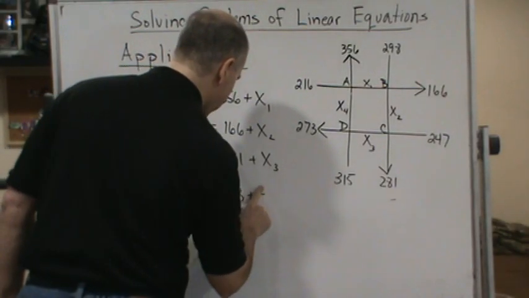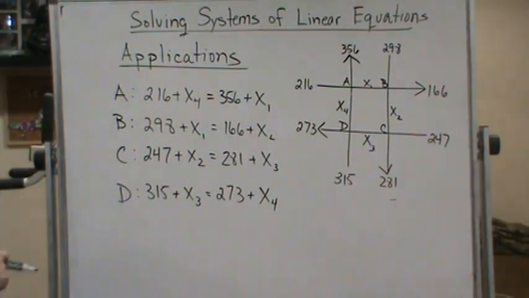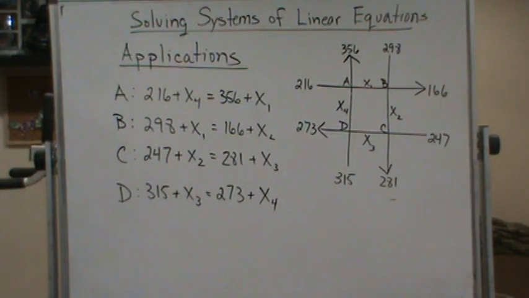All right, so that is our system of equations. And so now, that's part A. All right, so now what do they want us to do in the next part? So that's the system that represents free-flowing traffic.